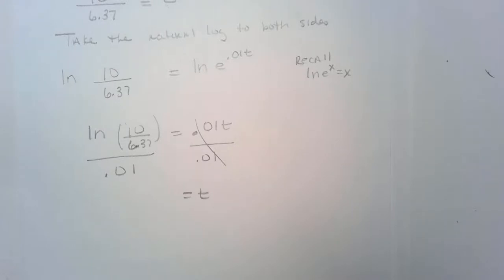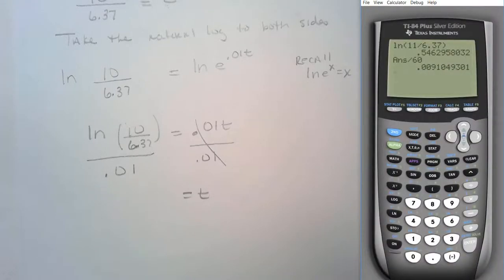Okay, so let's go ahead and use our calculator to find out this information. So I'm going to clear the calculator here, and let's go ahead. ln of 10 divided by 6.37.